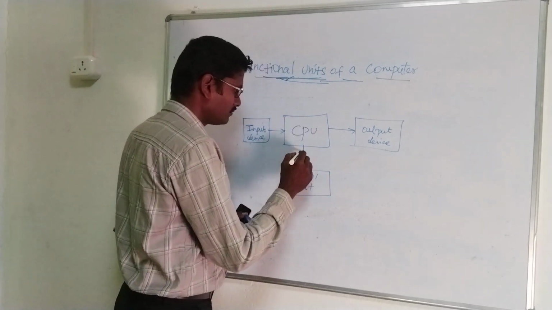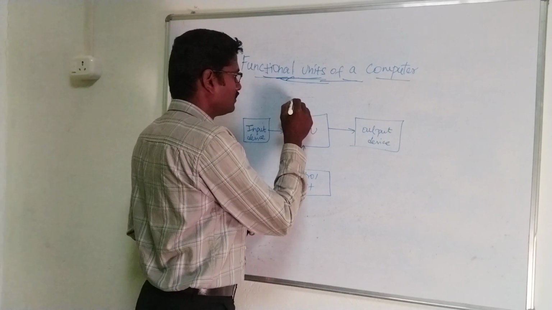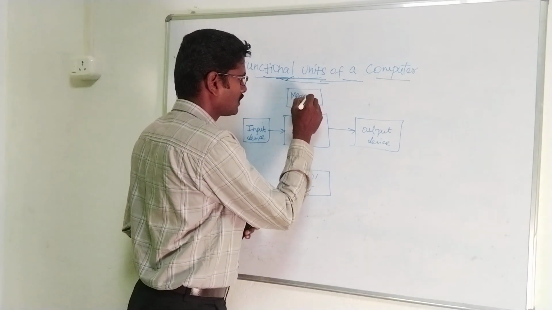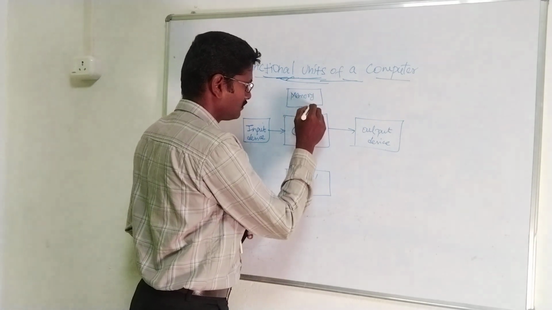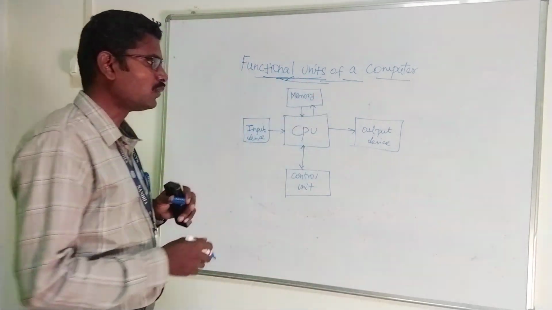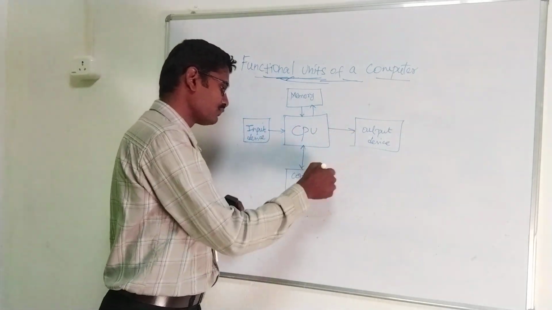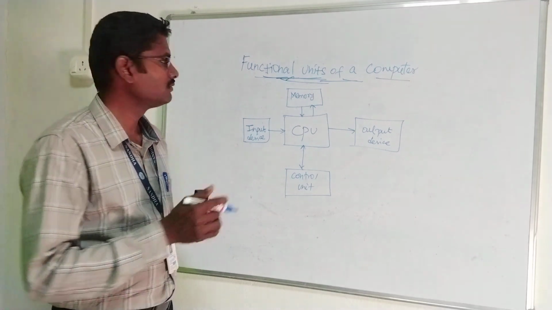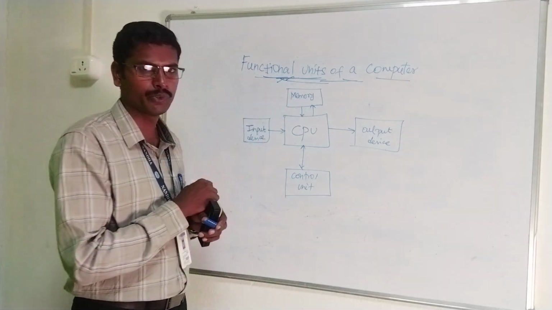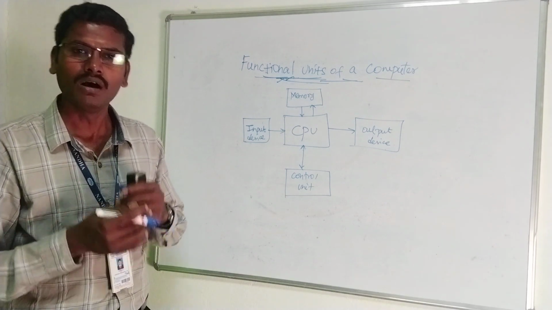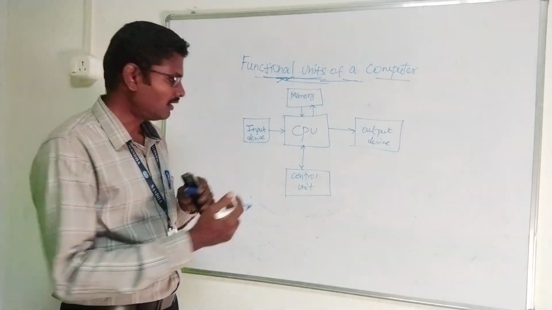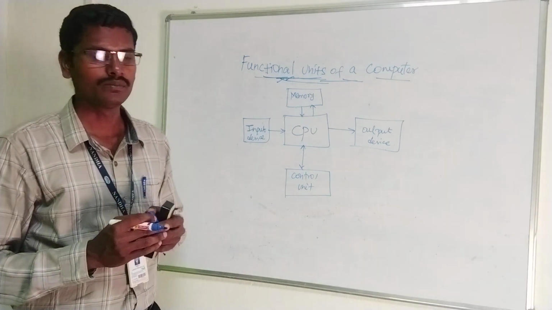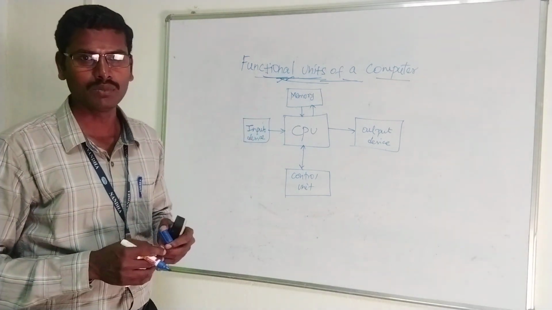One more important block is memory, right? So these five blocks, 1, 2, 3, 4, 5, are combinedly known as the functional units of a computer or basic building blocks of a computer. It is also known as an architecture, right? Architecture is a technical name to represent the basic building blocks, right?